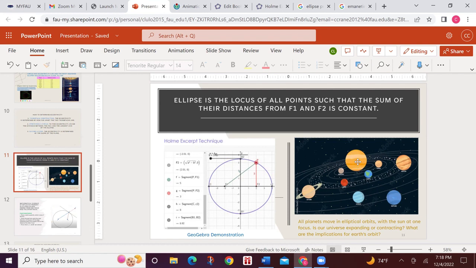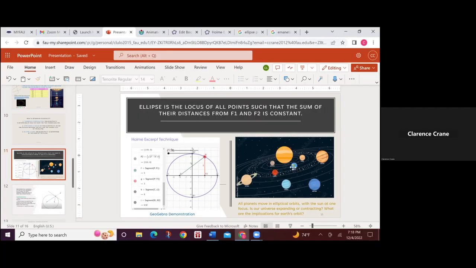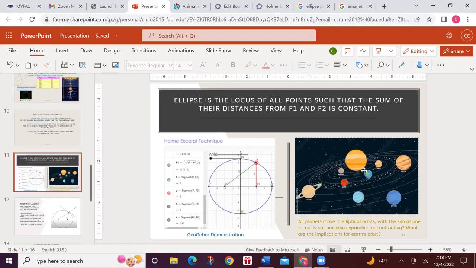Now, if the sun is one focus, you can see the Earth's orbit is away from the sun. Now, here's one application. Regardless of the position of Earth, as Earth orbits the sun, which we know takes 365 days to go around the sun, the total distance stays the same.